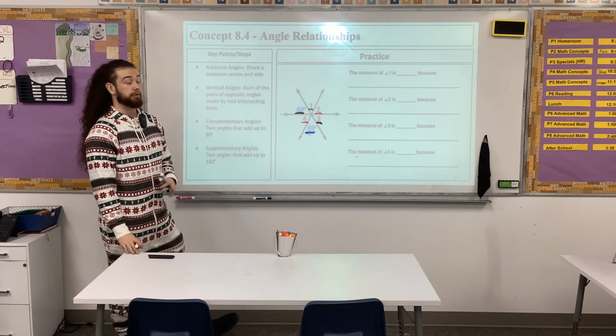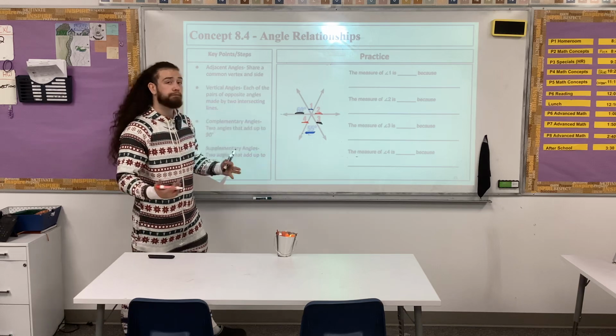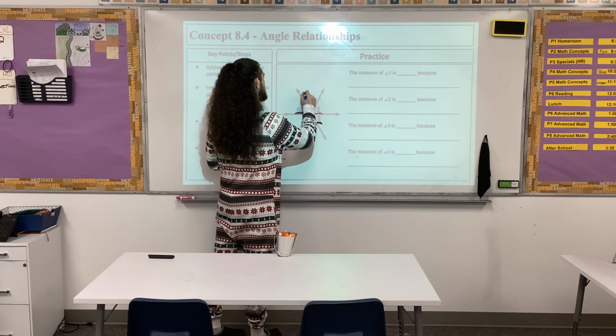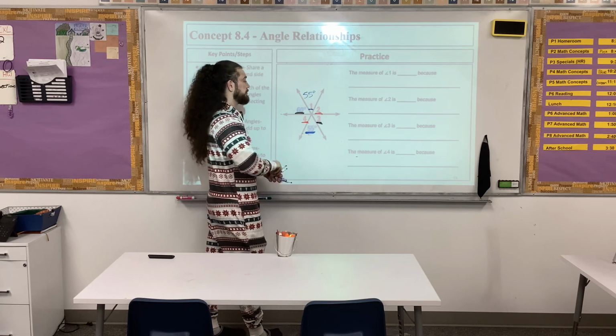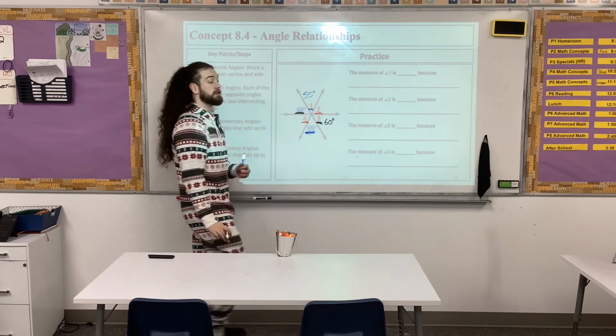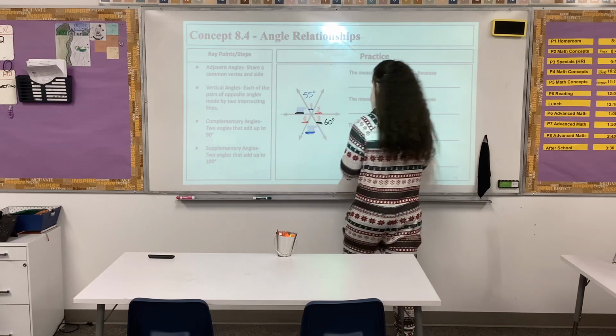After that, I can go through and I know 2 more. So instead of knowing 2 measures, I have 4 measures, right? 1 is 55 degrees because it is vertical with 55 degrees. 3 is 60 degrees because it is vertical with 60 degrees. And vertical angles are equivalent. So let's go through and fill those out.